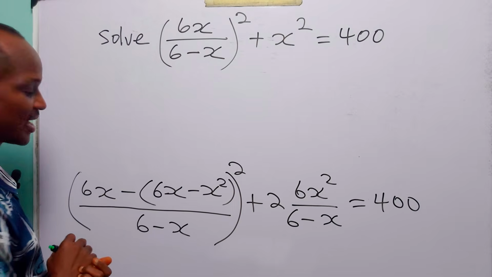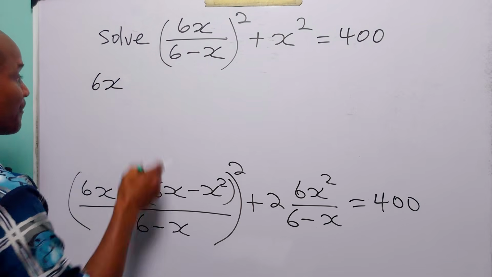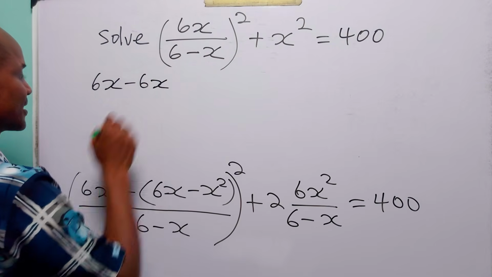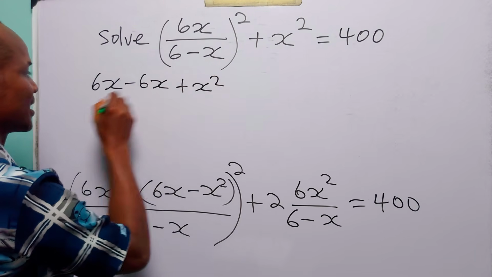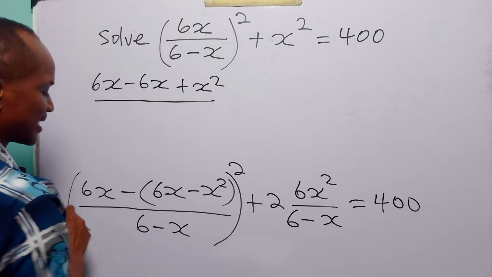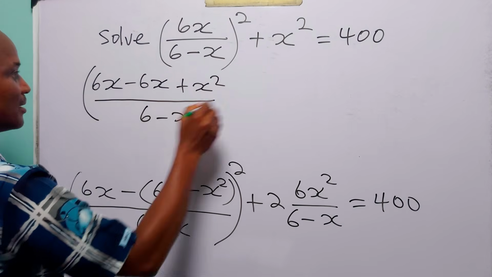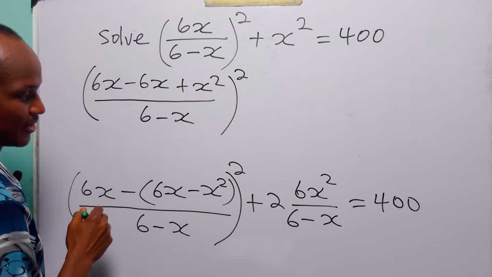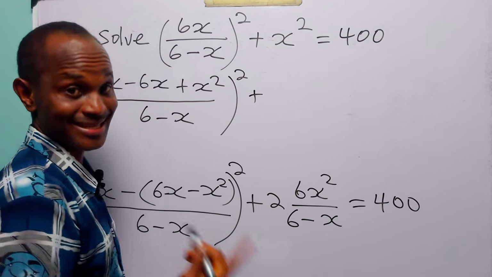Now when we simplify this, we have 6x minus 6x. Minus minus is plus x squared divided by 6 minus x, all squared. Then here we have 2 times 6 is 12.